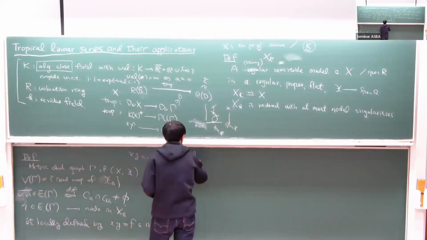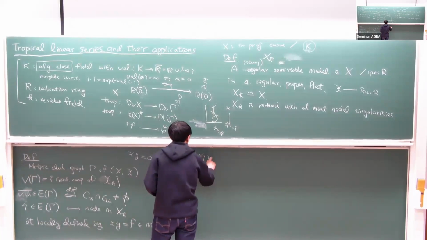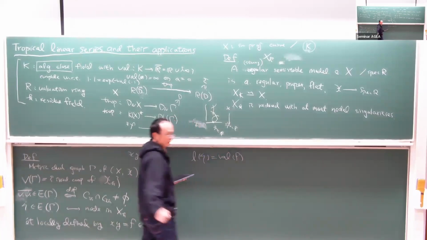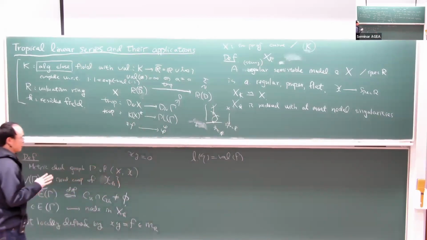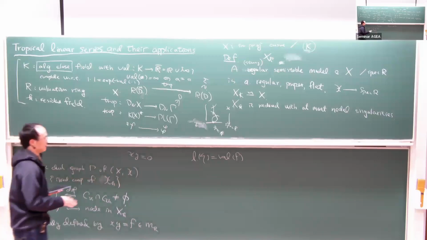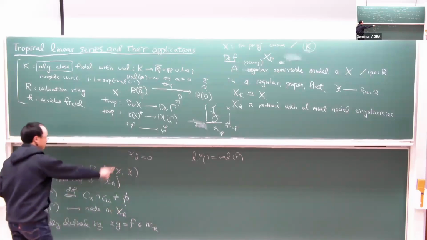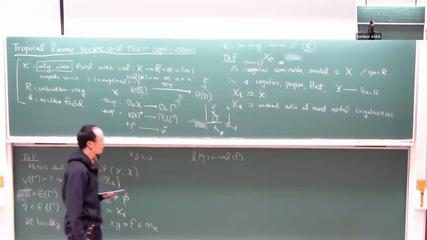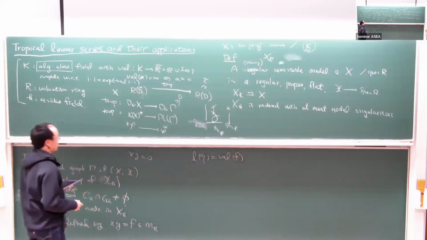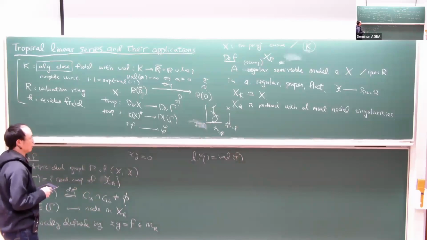Then we assign the length of the edge to be the valuation of f. Of course, we need to prove that this is independent of the choice, and it is indeed the case: no matter which f you choose, it gives you the same valuation. So now we have a metric graph attached to a semi-stable model of a curve.